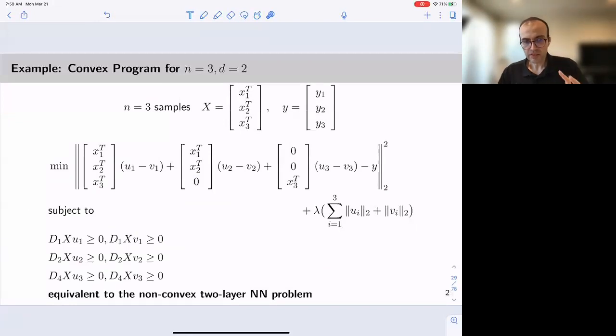So this is going to be the convex program for the ReLU neural network. And actually at this point, you can interpret what this is doing. If this Y vector is actually explainable using any of these so-called local models, local meaning that we have this model local to data point 3, and then it zeroes out the first 2 samples, if this is very predictive, this will actually get selected.